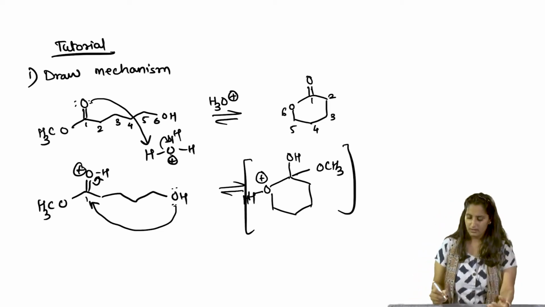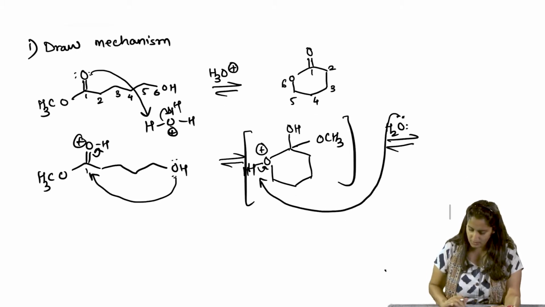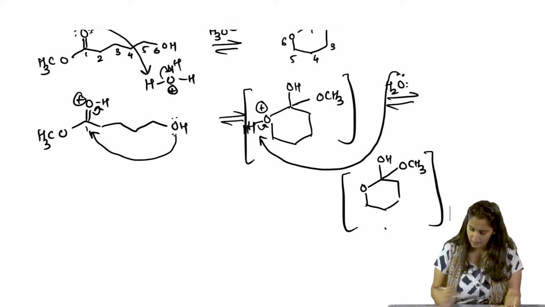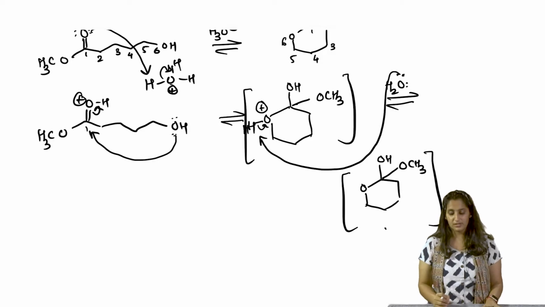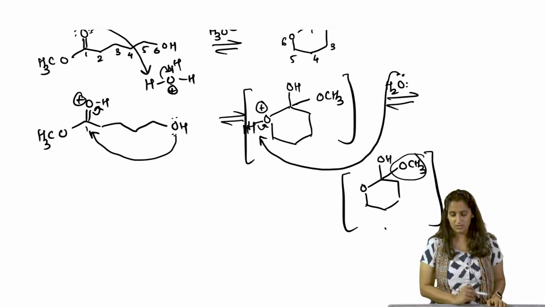Now, we are in acidic medium. So, as I said, the base that we have with us is this water molecule. So, it is going to come, attack and deprotonate that oxygen. Right. So, that is our intermediate right there, the tetrahedral intermediate, and now we have to kick out one of the groups, and the leaving group in this case is going to be OCH3.